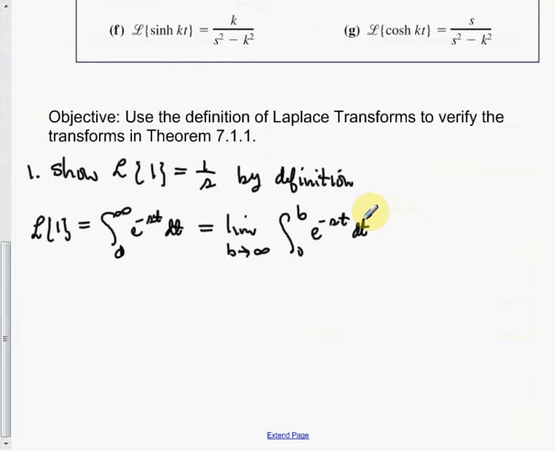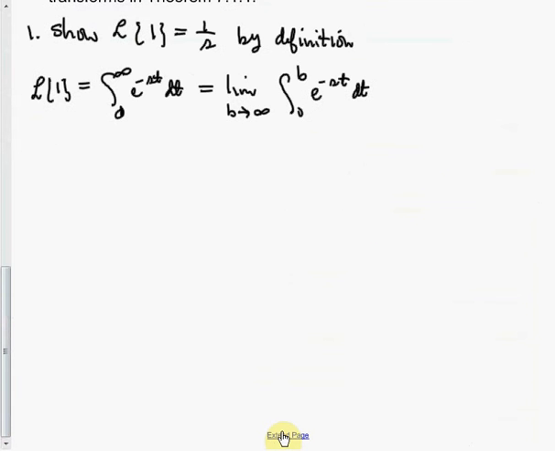So we integrate, so we get the limit as b goes to infinity of, let's put that in brackets, negative 1 over s times e to the negative st. We integrate that from 0 to b.